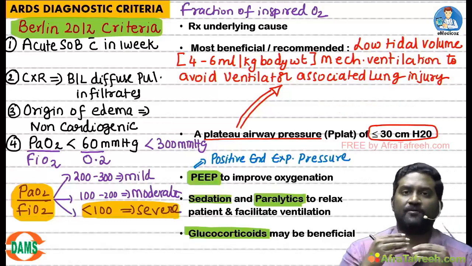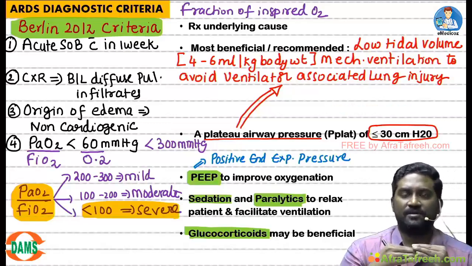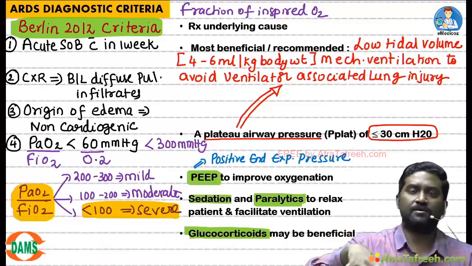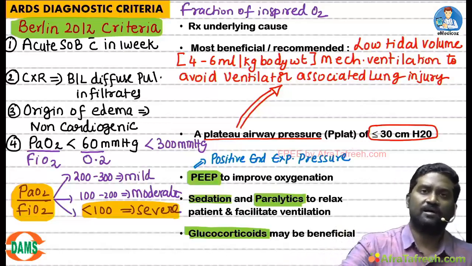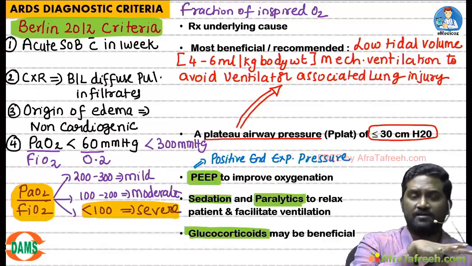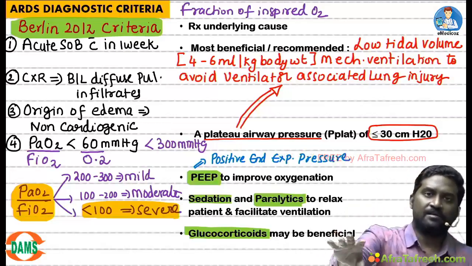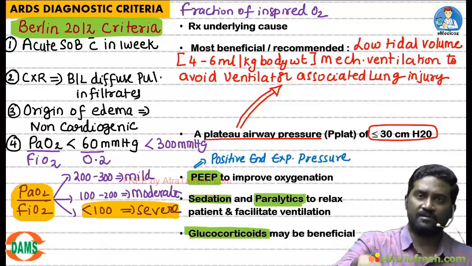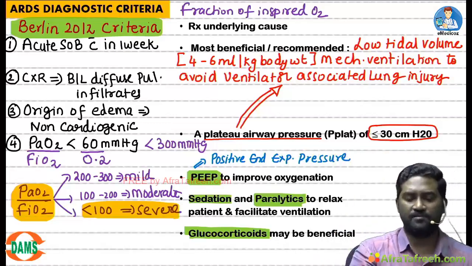So you should have that clinical judgment, whether to give glucocorticoids, yes or no. You should see if the bacterial infection is controlled or there is adequate antibacterial coverage. In those cases, glucocorticoids can be given. But I don't say that it should be given. Depending upon the clinical scenario, where there is no active infection, glucocorticoids might be beneficial.